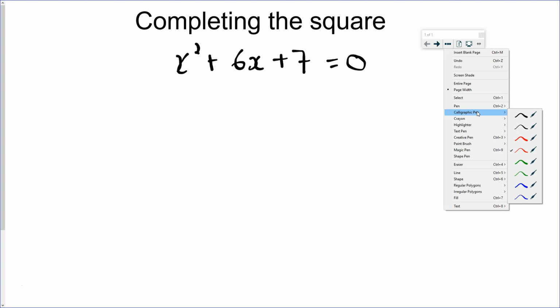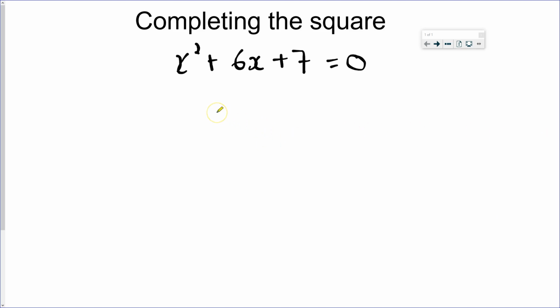If you missed this lesson, completing the square is going to be our topic for at least another lesson or two, so I would recommend you check this out, especially the homework assignment. And for people who were with me today, when you're doing the assignment, come back and see if you remember all the procedures. This is not really that simple.